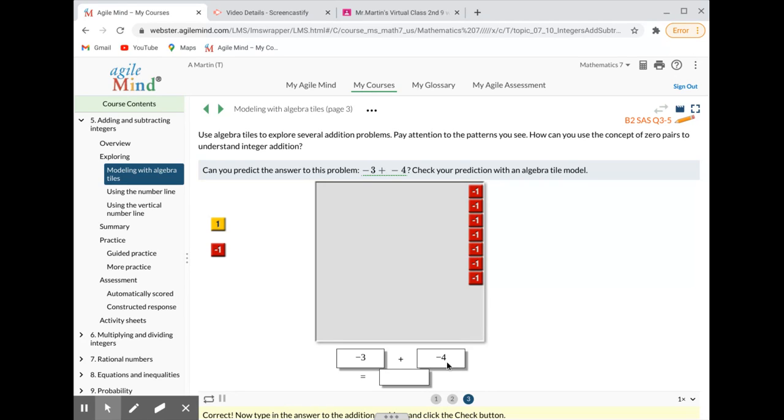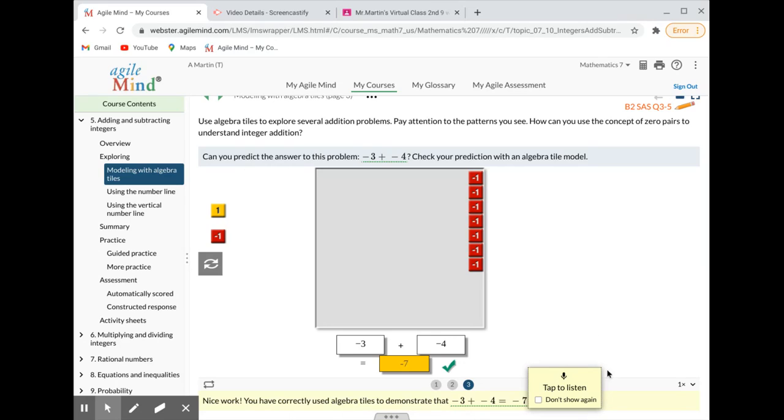Add them. Yeah, we're going to add them together. So let's just count them. 1, 2, 3, 4, 5, 6, 7. They're all negative. So my answer is what? -7. Good. -7.